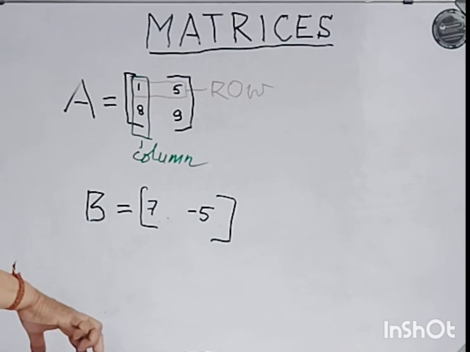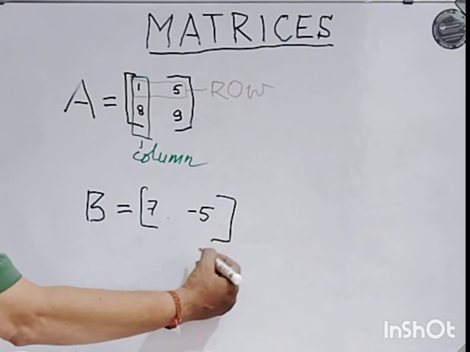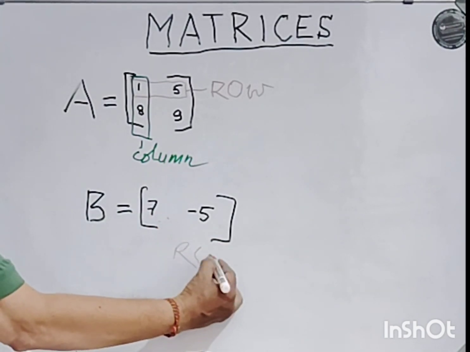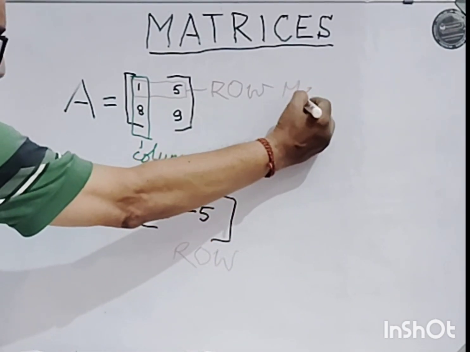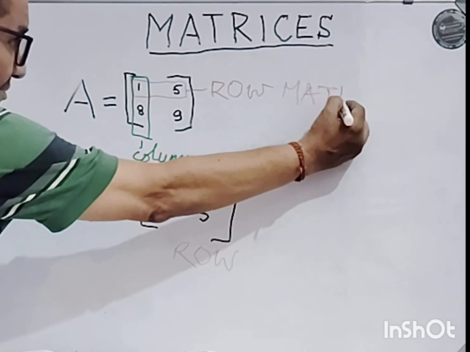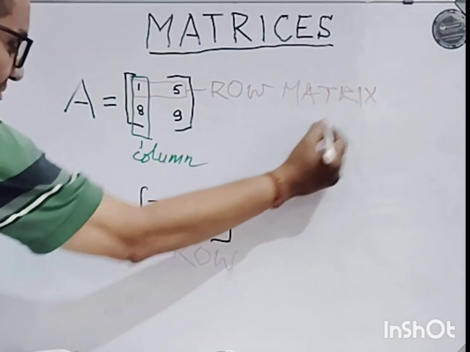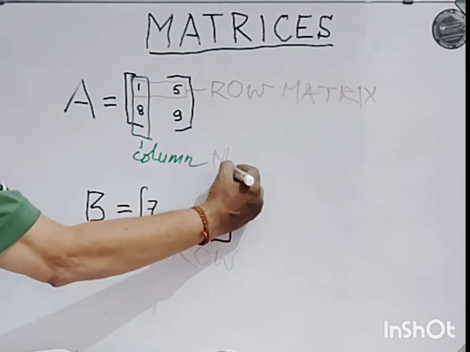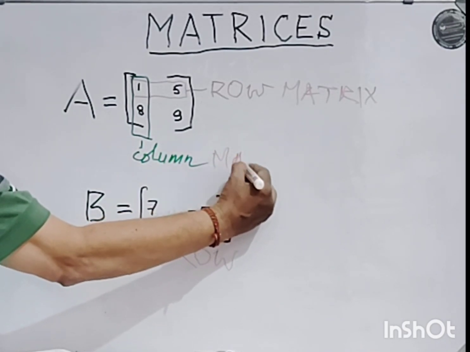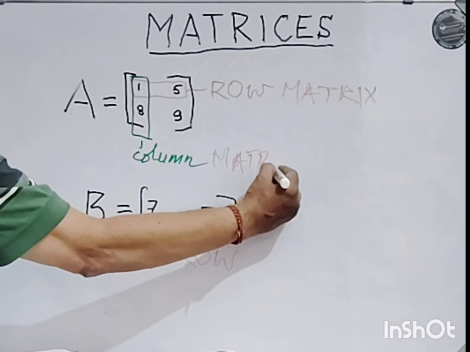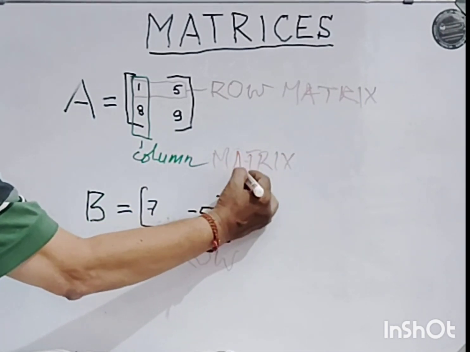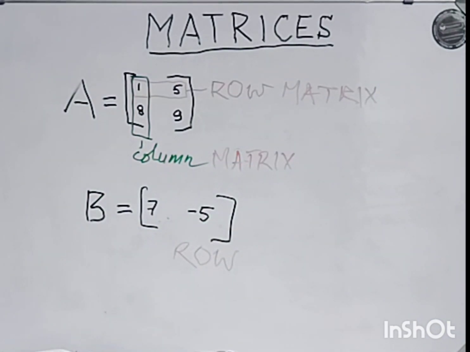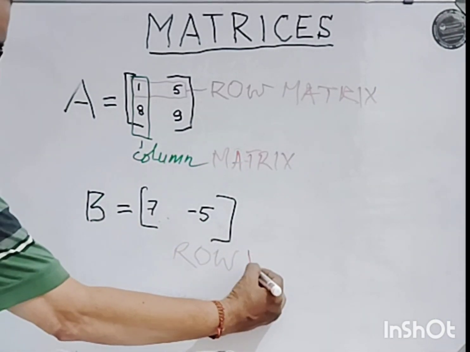This is called a row matrix. Row matrix. And this is a column matrix. This is called a row matrix.